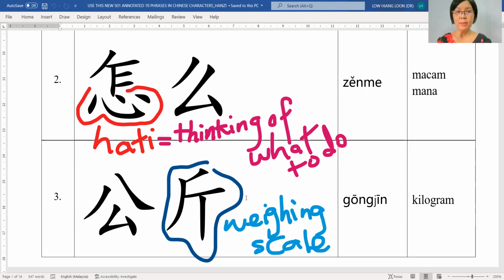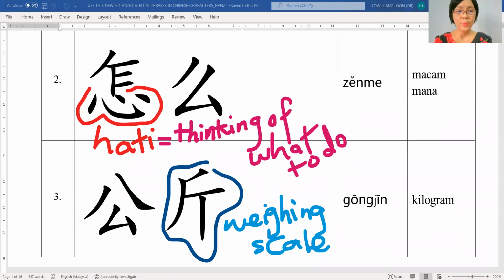Can we get number 3? 3号. 在吗? 3号. Okay, so now 老师 notice that actually this should be number 3 to continue to explain.